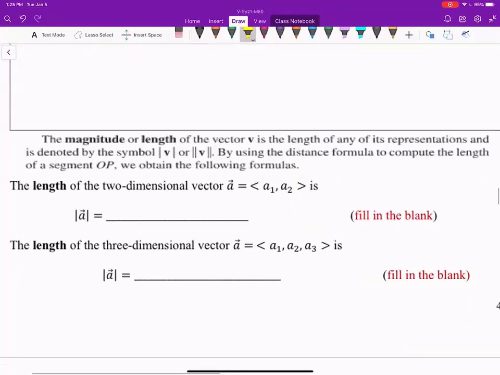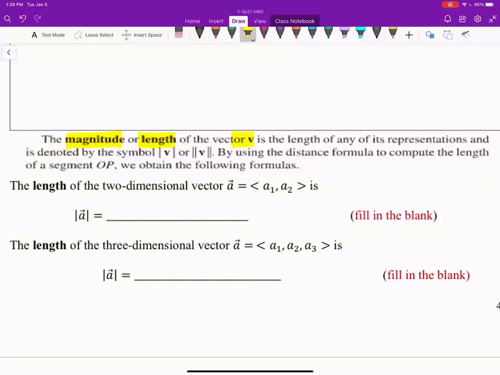The next concept is about magnitude and length of the vector. The magnitude or length of the vector V is the length of any of its representations and is denoted by the symbol of absolute value of vector V, or double lines to denote the length. By using the distance formula to compute the length of the line segment OP, we obtain the following formula.